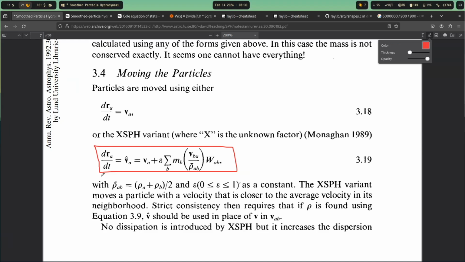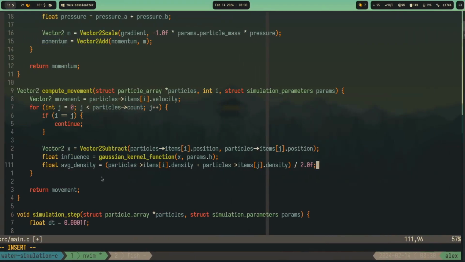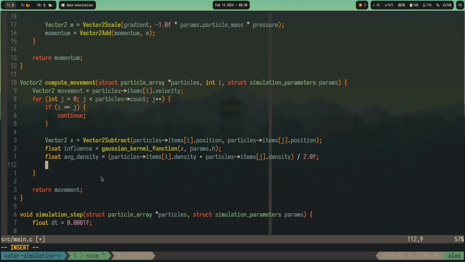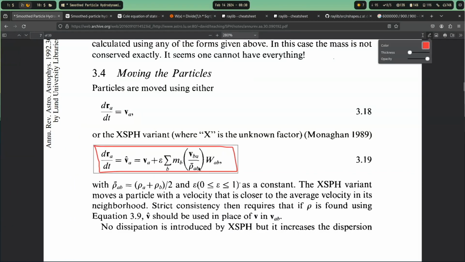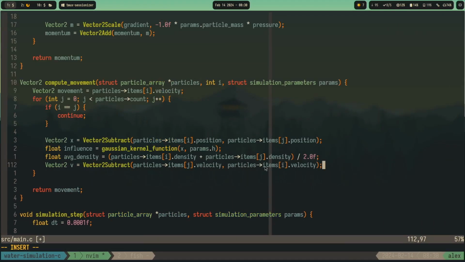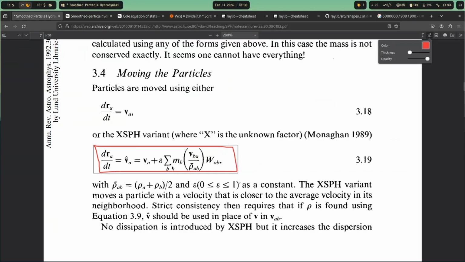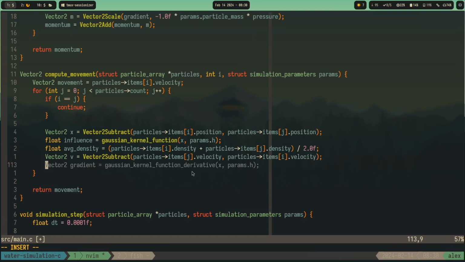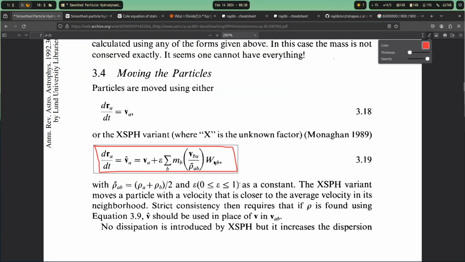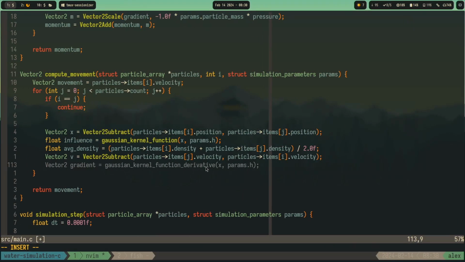Then we need the VBA. So vector 2 V is actually, but it's the other way around. It looks like it's j first minus i, and then we need to multiply the influence.